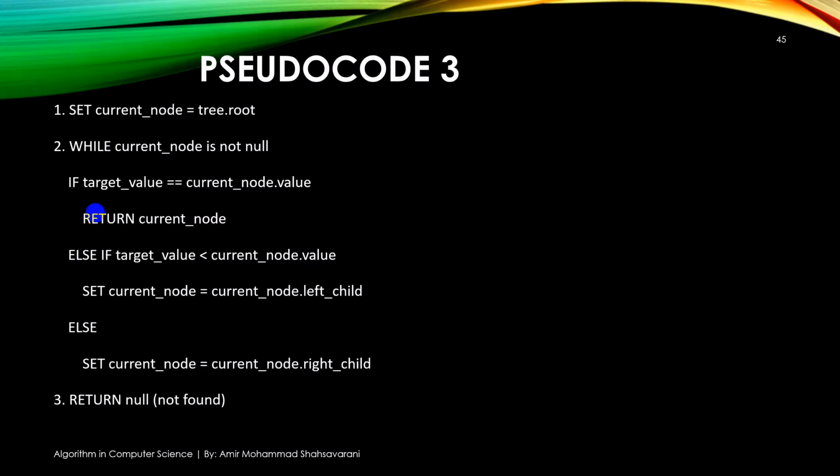Until we reach the point that current node is null. Okay. Then, if everything is checked and we have inspected all the nodes, return null, which means we have not found what we searched for. Good.